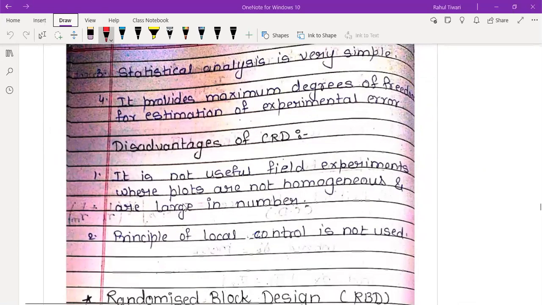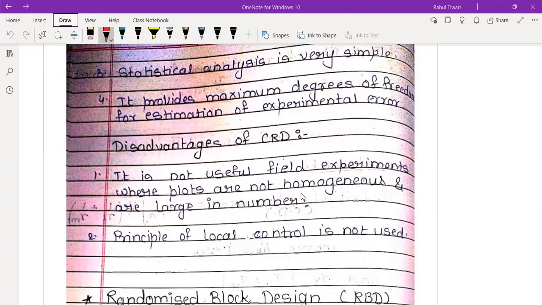And there are certain disadvantages also. It is not useful in field experiments where the plots are not homogeneous and are large in number. So as I mentioned, if you have a very large area, or your plot is not homogeneous, then you cannot use CRD because your error will be more in that case even if you use it.